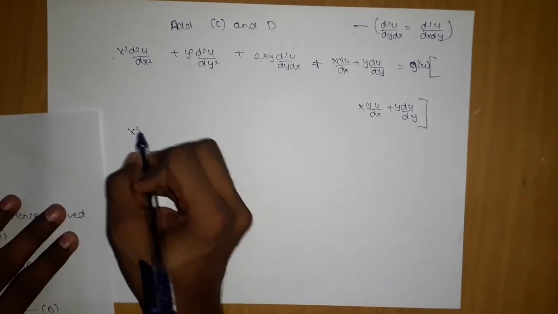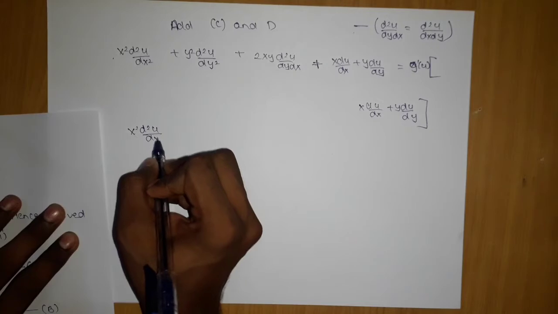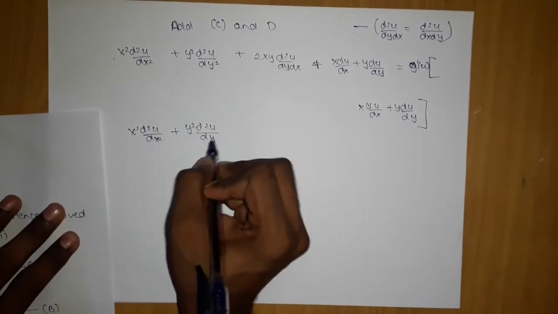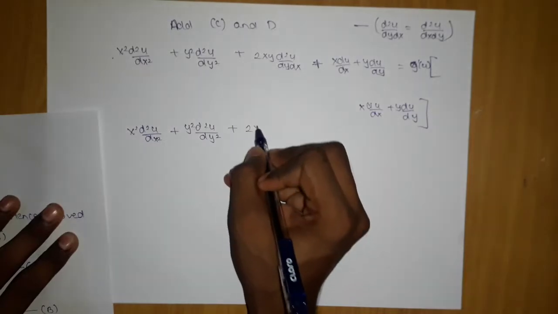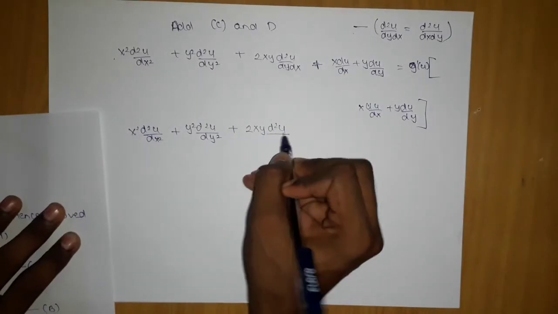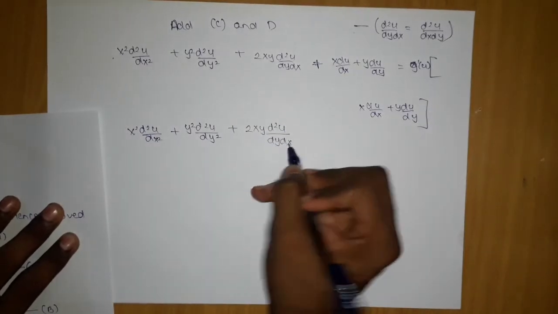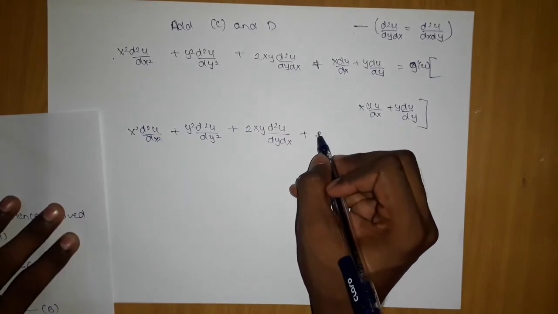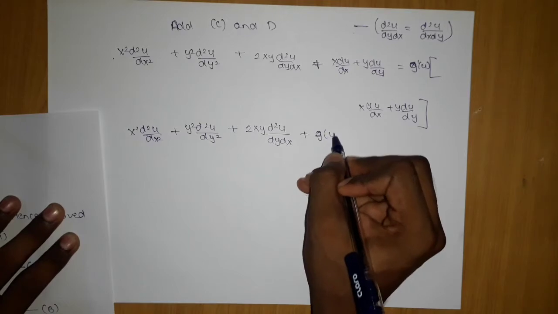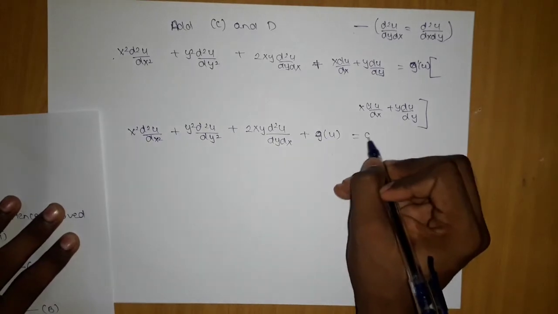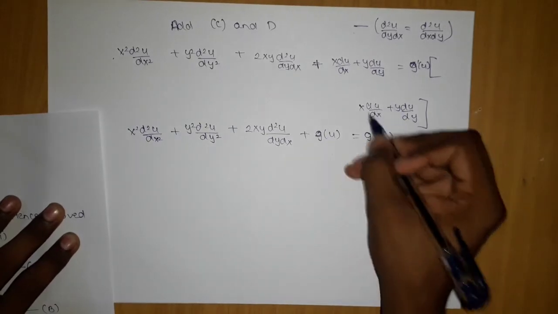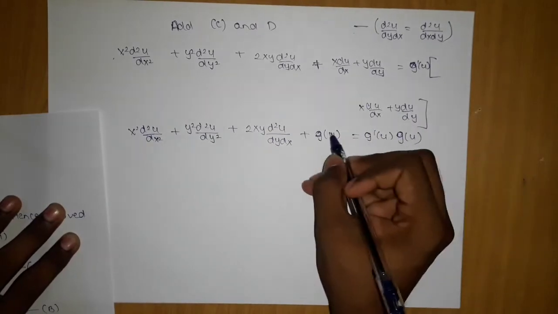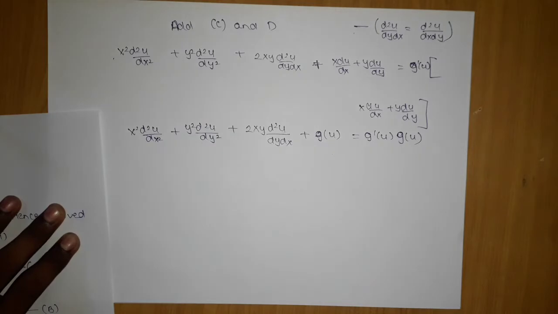So what we are going to get: x² ∂²u/∂x² plus y² ∂²u/∂y² plus 2xy ∂²u/∂y∂x twice, plus here it will be g(u), and here it will be g'(u). And this is also g(u) only. I will move this g(u) here and take g(u) outside.